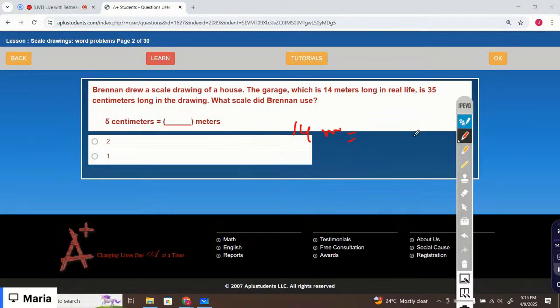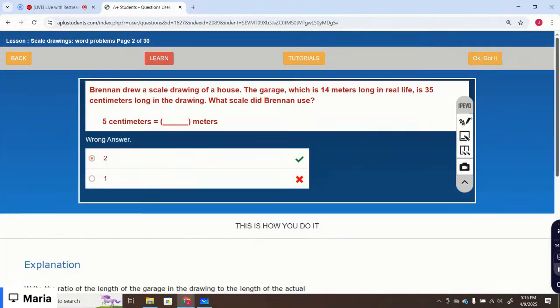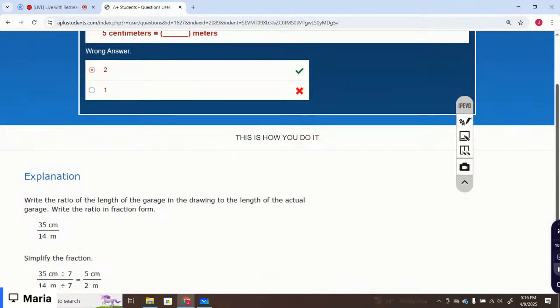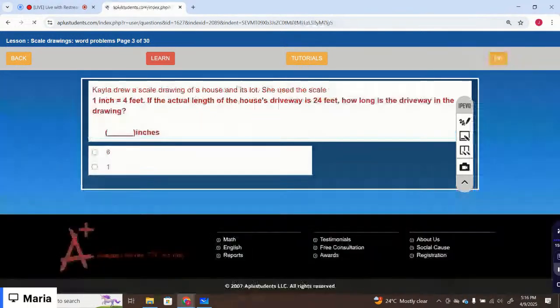And in the drawing, it looks like 35 centimeters. Oh, yes, option number 1 is the correct option. That would be 2.